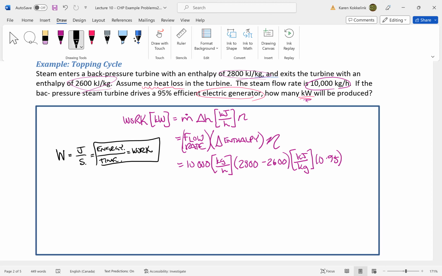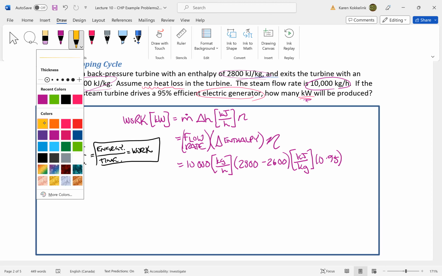Those are the units that I am looking for here. So let's see. There is 1 kilowatt.